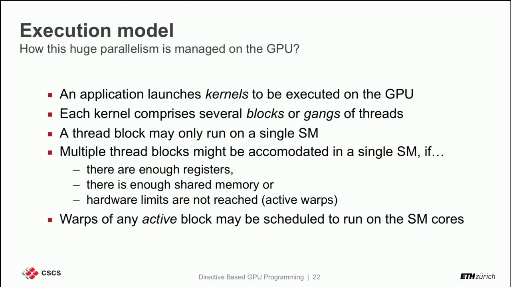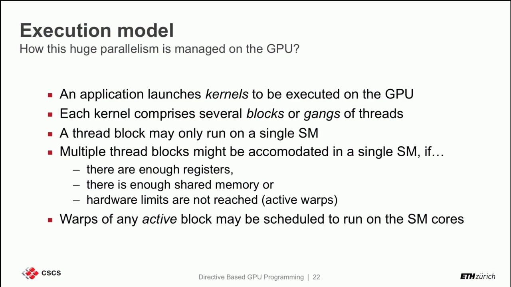Okay. Now, let's see some terminology. I said before that you want to run an algorithm on the GPU. So what you do is, first of all, before I omit the data transfer part for the moment, the code that runs on the GPU is called the kernel in the terminology of the GPU.